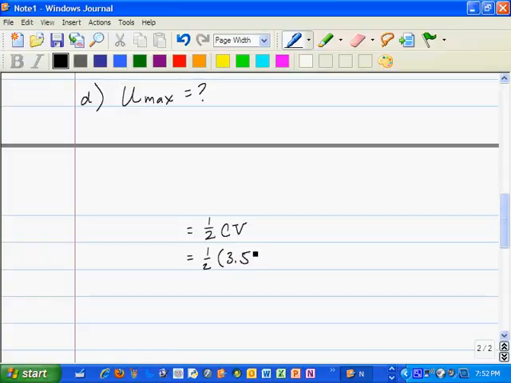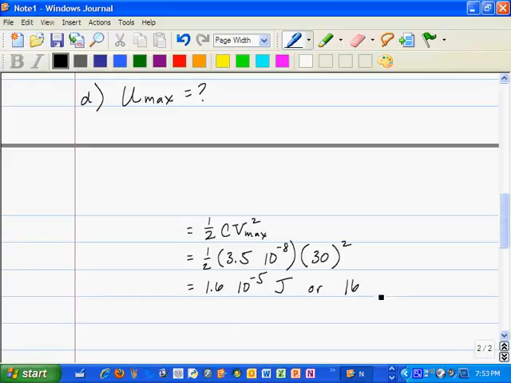Wait a minute, this is CV squared. So this is 1/2 times 3.5 times 10 to the minus 8th times 30 squared, and we get about 1.6 times 10 to the minus 5th joules, or about 16 microjoules.